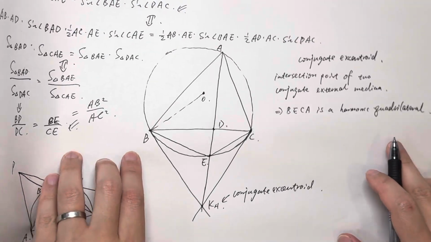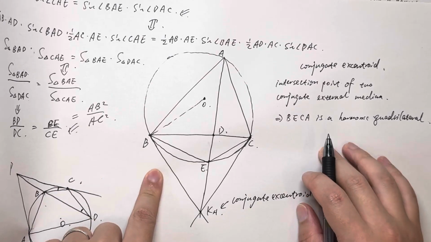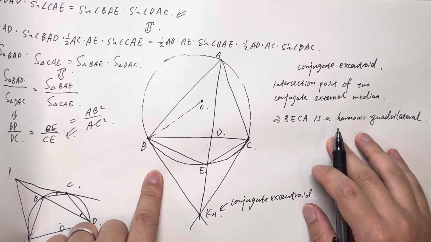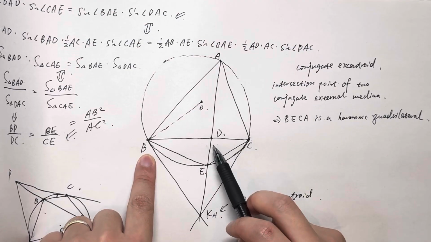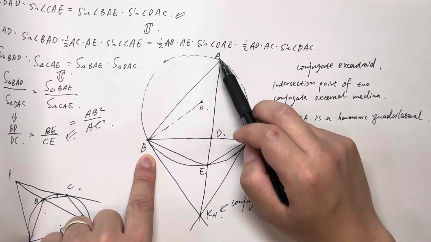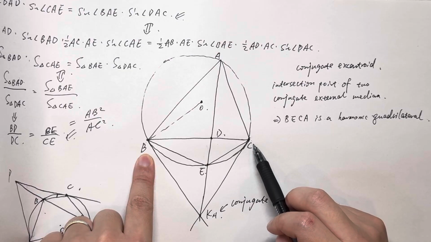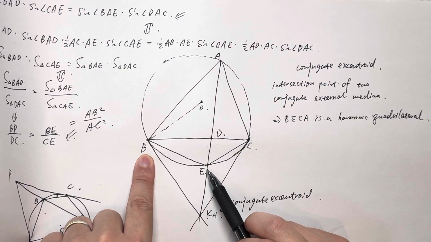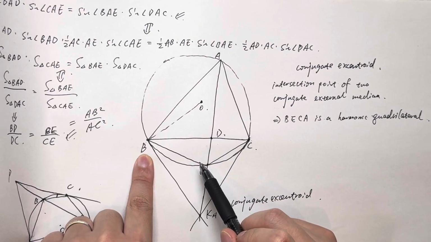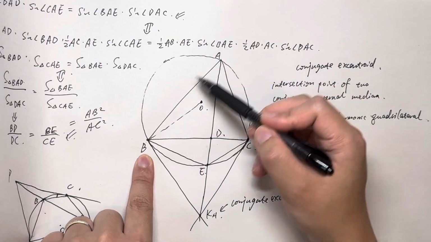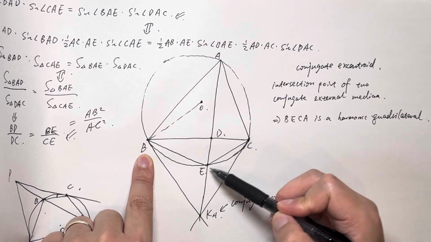And if you remember, we have this property proved before: in a harmonic quadrilateral, the diagonal intersects the triangles, right?